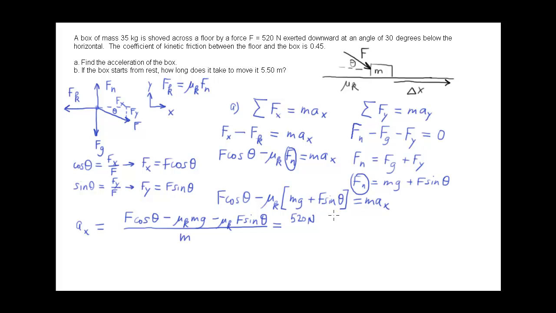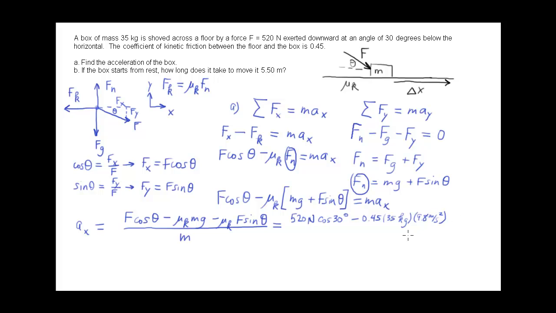So the force F is 520 newtons. We've got the cosine of 30 degrees minus mu sub k is 0.45. mg, well, we've got mass of 35 kilograms times, of course, 9.8 meters per second squared.